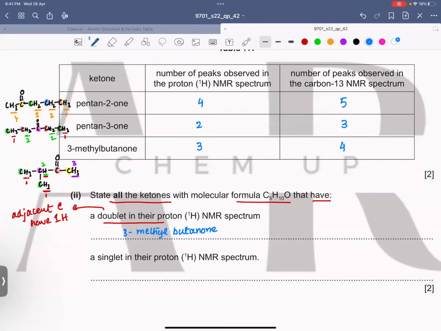Is this understandable? Sir, that hydrogen will divide. Why? Remember, we discussed that there is the n+1 rule for the splitting pattern, where n is the number of hydrogens on the neighboring carbon.